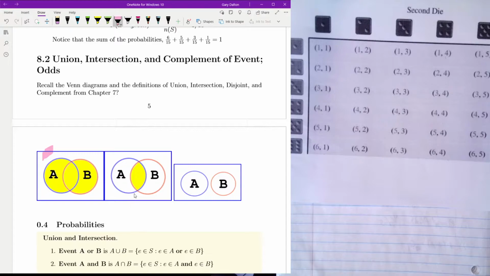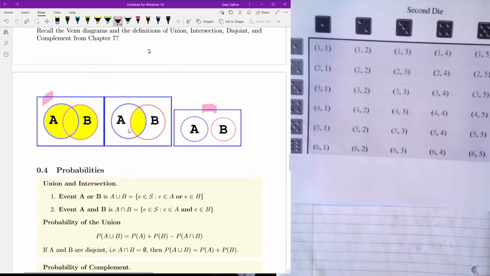And then the intersection, it has to be in both. And we know that this last one, they're disjoint. So there is no intersection, so they're disjoint. If you were to do the intersection, it would be the empty set. And if we were to do the union, it would cover both A and B.